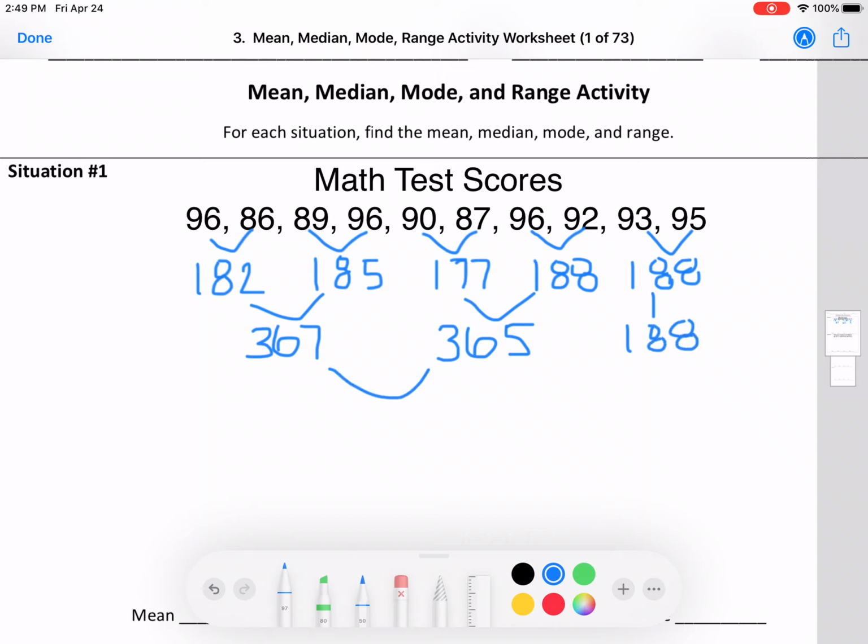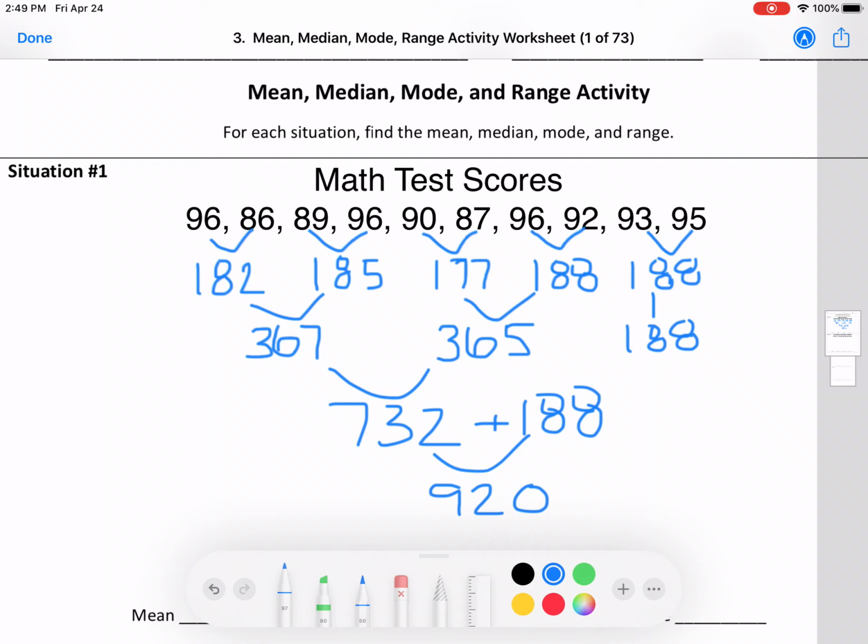So now I have 367 plus 365, that'll be 732. And then I still have to add my 188. If I add 188, I get 920. So the sum of all of my numbers is 920.